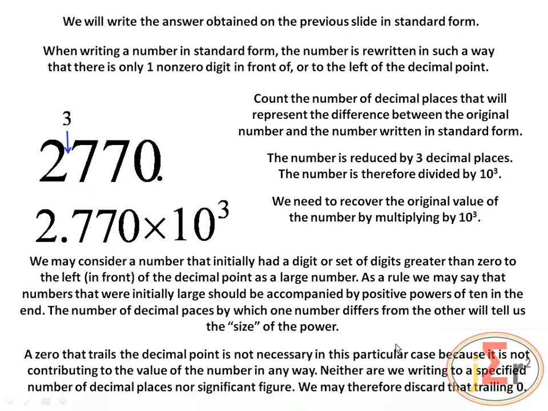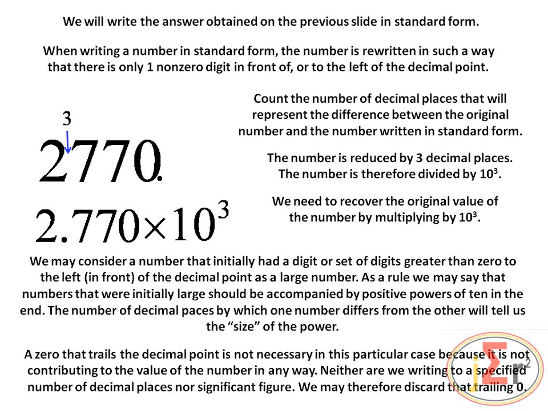A 0 that trails the decimal point is not necessary in this particular case because it is not contributing to the value of the number in any way, being to the right of the decimal point. So trailing zeros after the decimal point do not contribute to the number in any way. Neither are we writing to a specified number of decimal places nor significant figures.